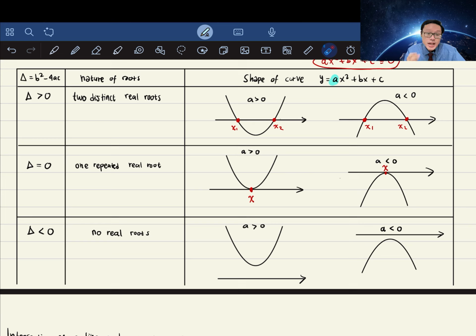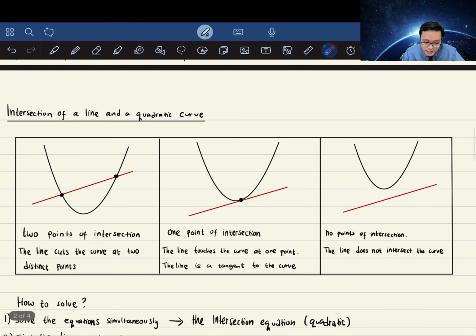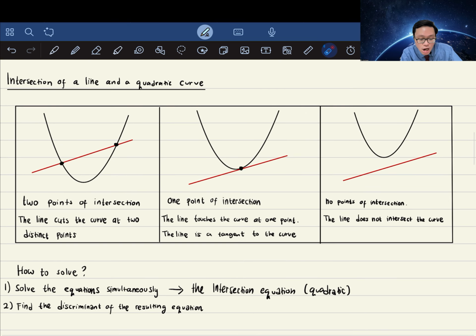Now, by using the idea of discriminant, we can also identify how many intersections a line and a quadratic curve have.